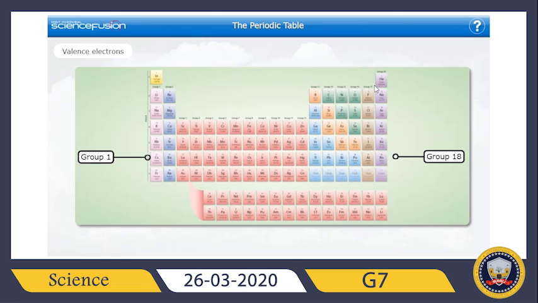So valence electrons are the electrons found in the outermost shell of an atom. Group 18 or 8A has the same number of valence electrons, which is 8. On the other hand, group 1 has only 1 valence electron.